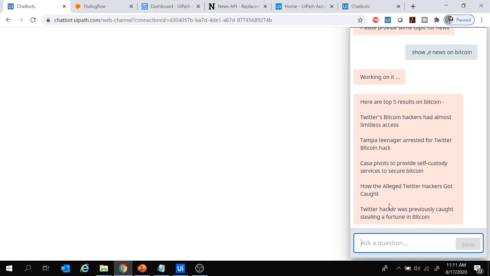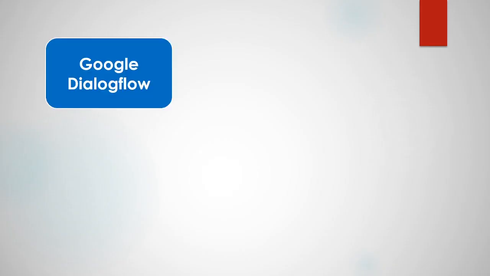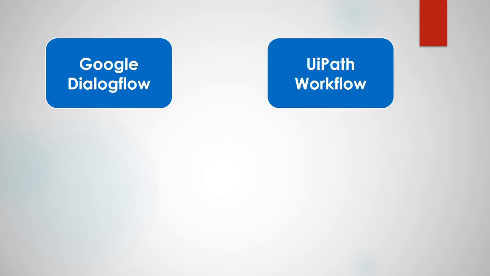First of all, let's see what applications we will have to work with to create this chatbot. The first application is Google Dialogflow, which will be used to create the conversational interface. The next application is UiPath, where we will create a workflow where the user request will be processed.